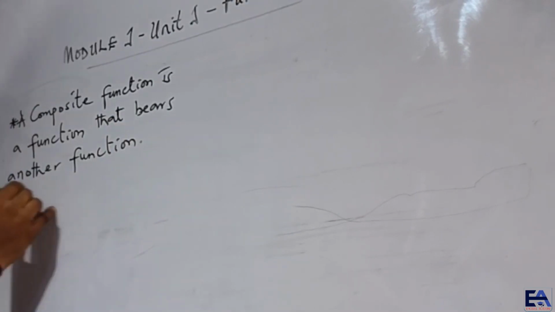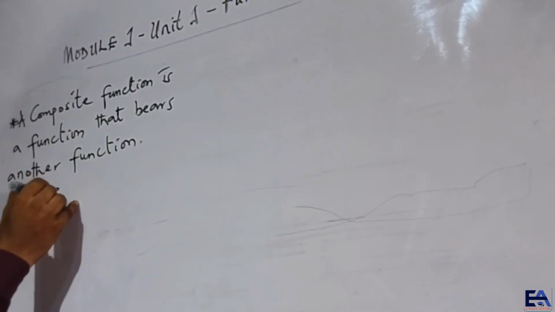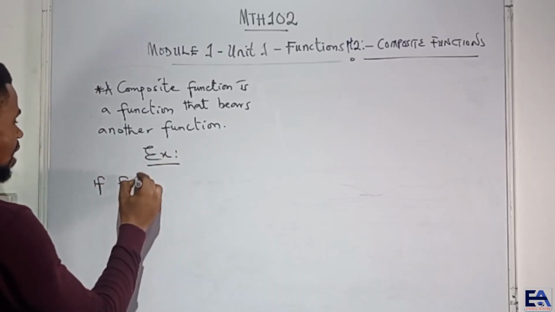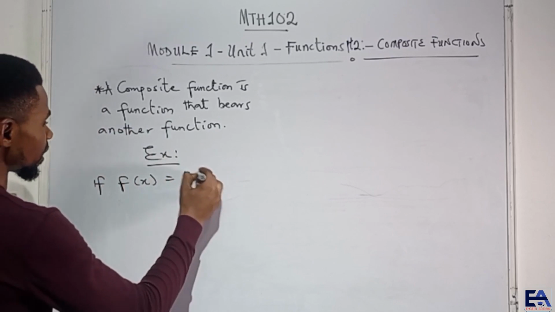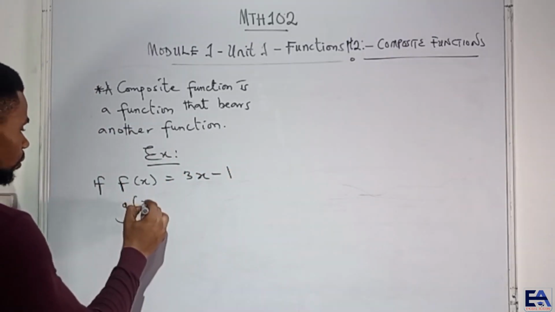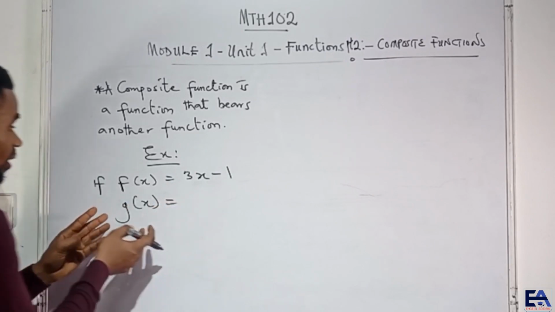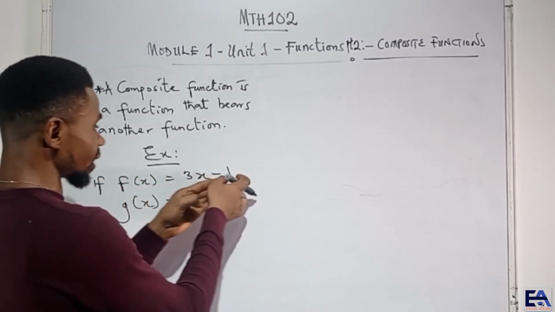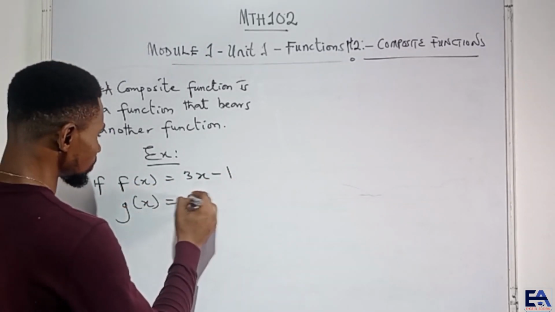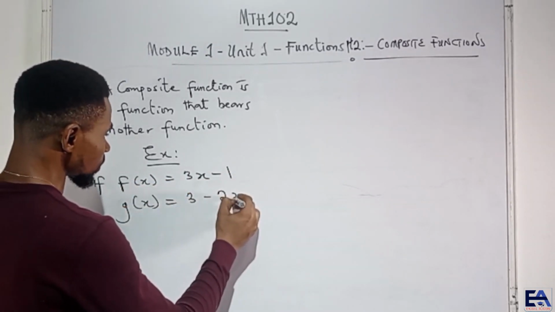Okay, so let's quickly have an example. If f of x is equal to 3x minus 1, and then we have another function, g of x, let's say 3 minus 2x.